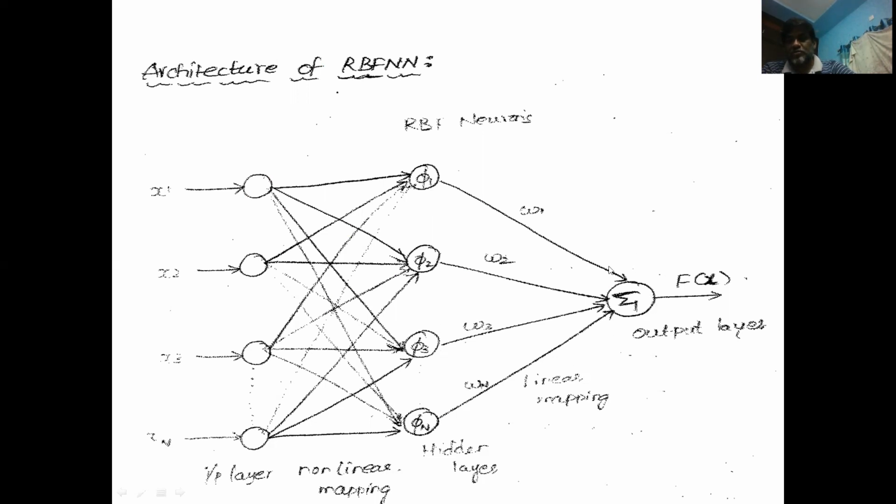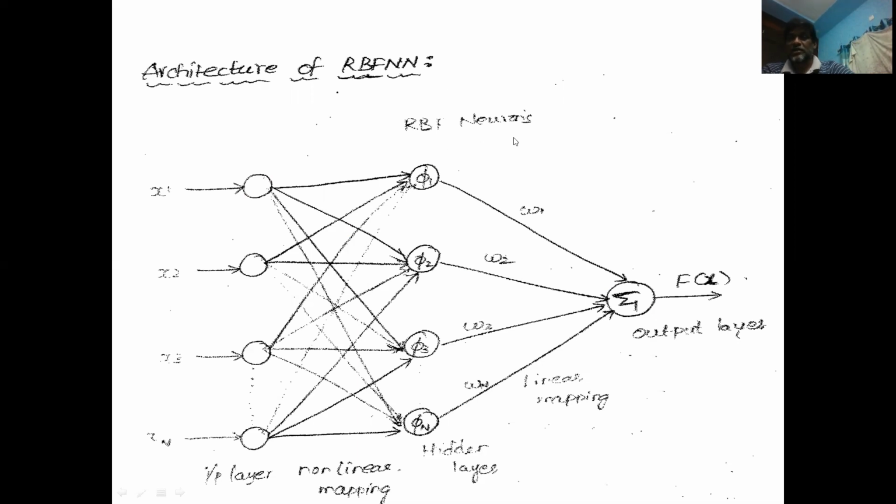The output layer, because it contains a single neuron, will use a normal activation function finally to produce the actual output of the radial basis function neural network. The point you need to understand here is that the conversion of input space to hidden space is done with the help of a special function called the radial basis function.